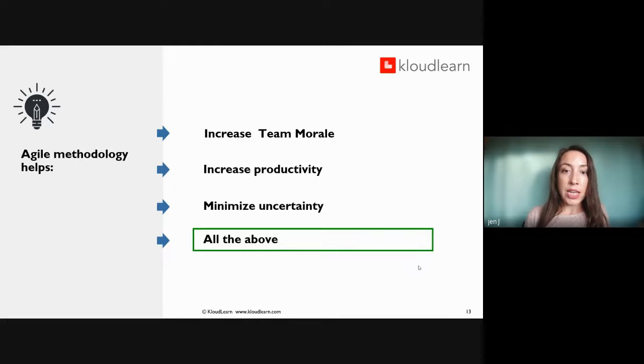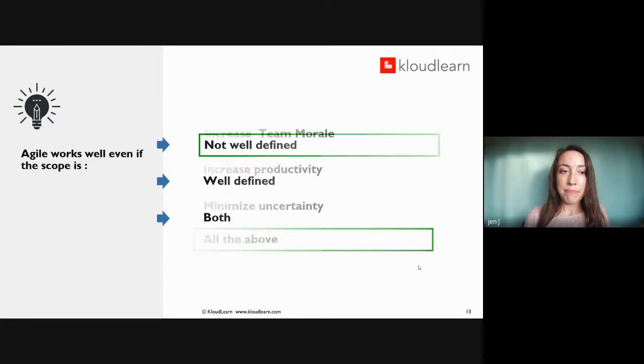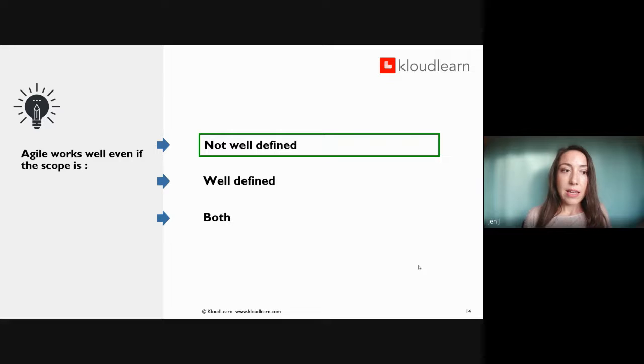Agile methodology helps increase team morale, increase productivity, minimize uncertainty, or all of the above. All of the above. Agile works well even if the scope is not well-defined, or both. Not well-defined. That's one of the benefits of the Agile methodology.